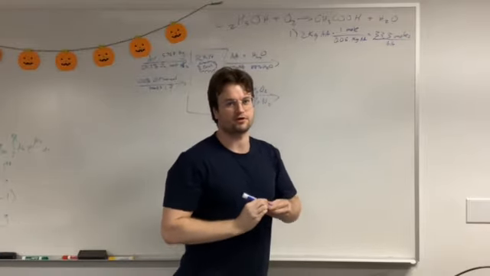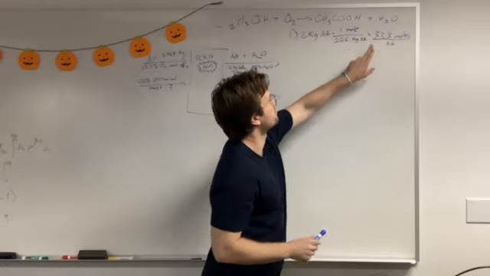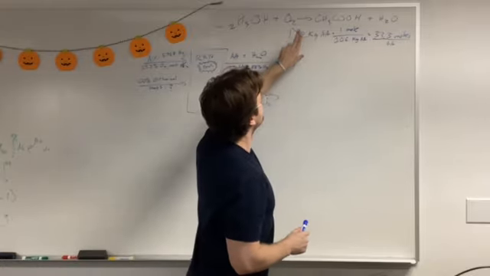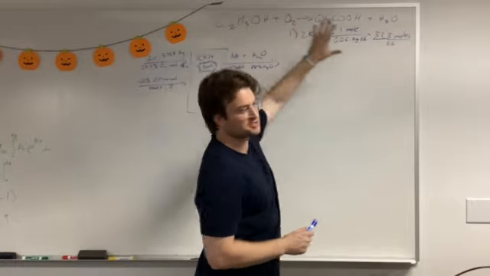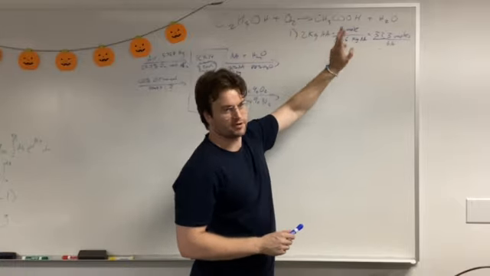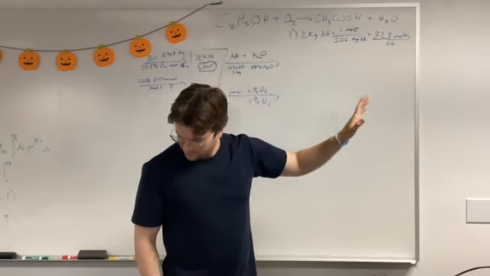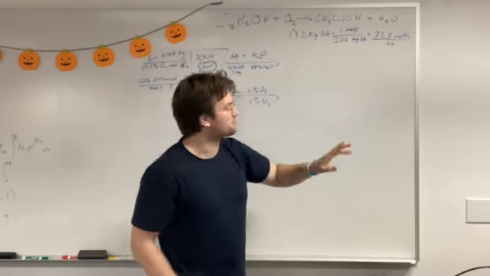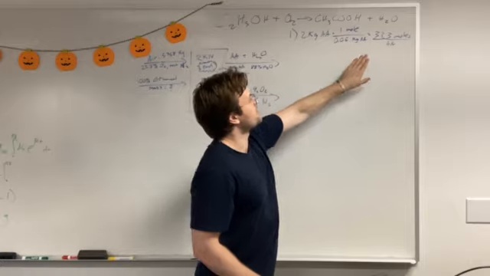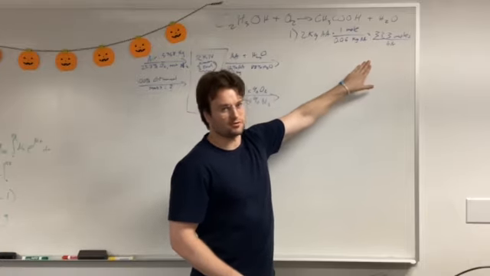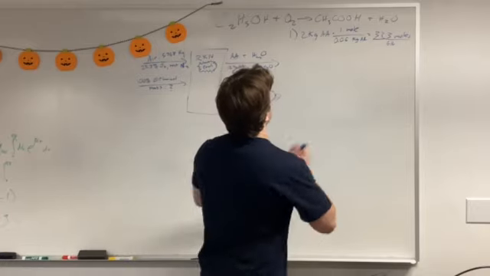What our process is doing is creating 33.3 moles of acetic acid, which means every part of this reaction requires 33.3 moles, since everything's one-to-one. So if we're trying to make 33.3 moles of acetic acid, we're going to need 33.3 moles of ethanol.